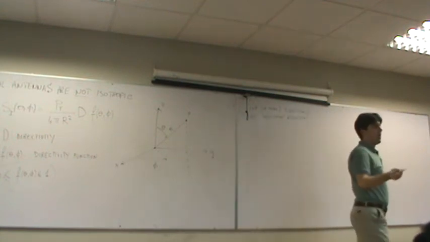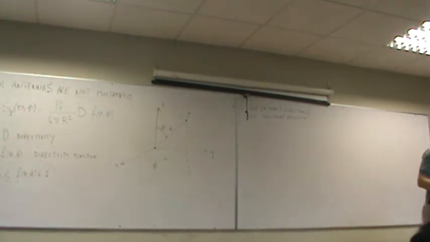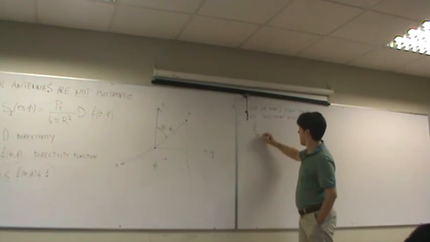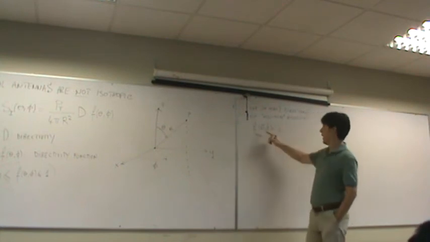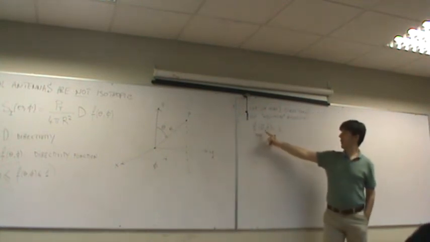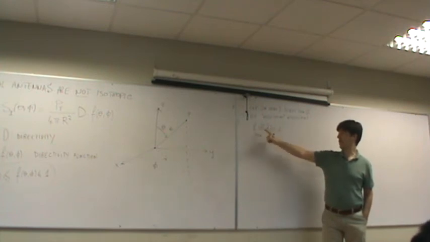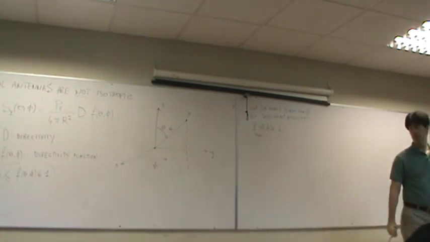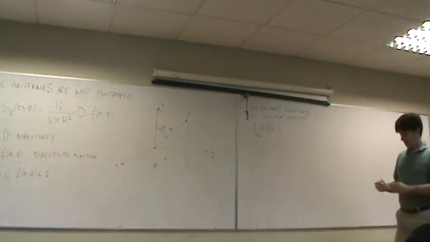Somewhere there must be a maximum, one or more maxima. These are particular directions identified by specific values of theta and phi, where the directivity function is equal to 1.